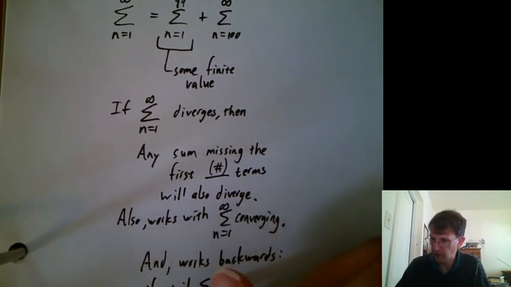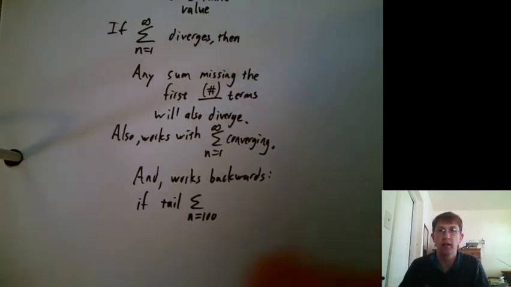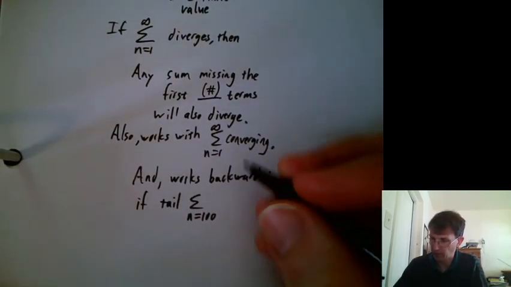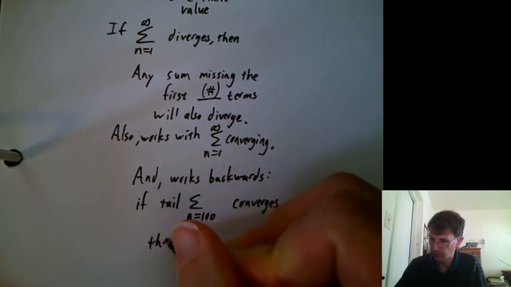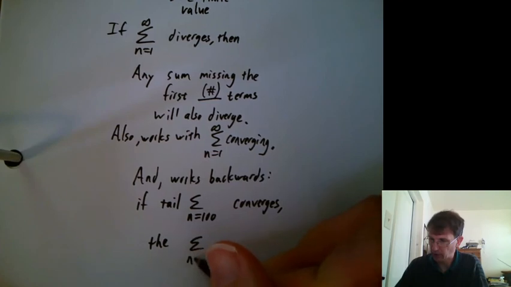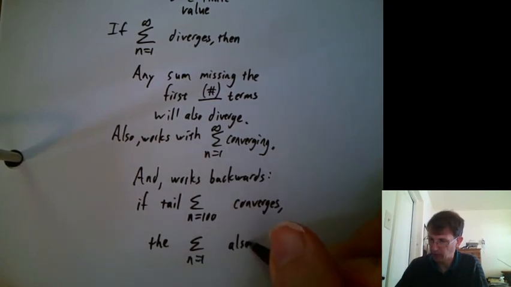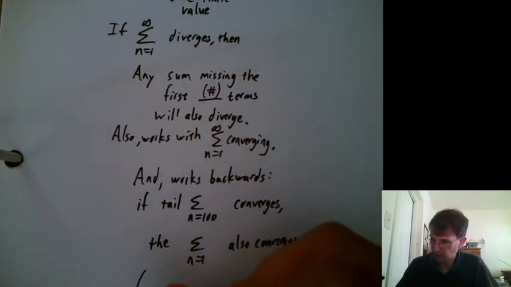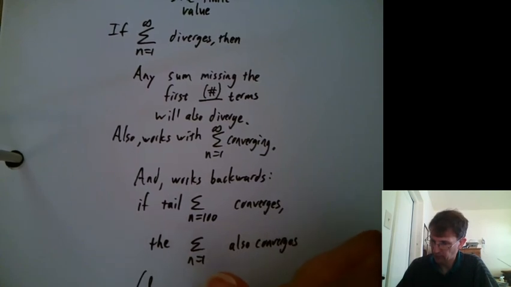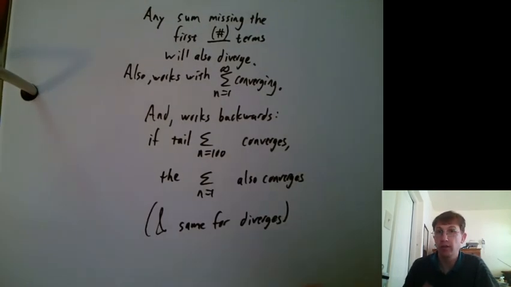If the tail sum, and by tail I mean like starting at some value other than 1, converges, the sum starting at 1 also converges, and same for diverges. So as long as you don't have any divide by zeros.